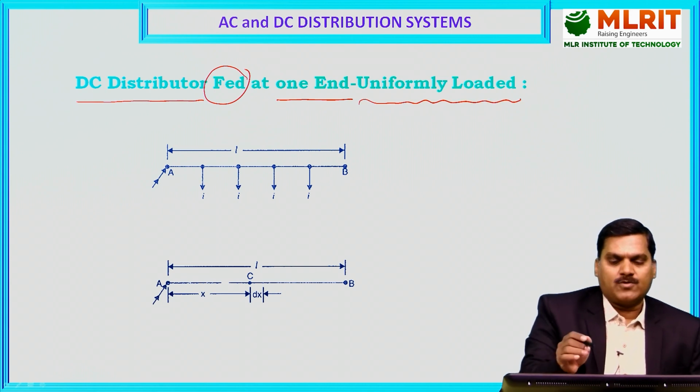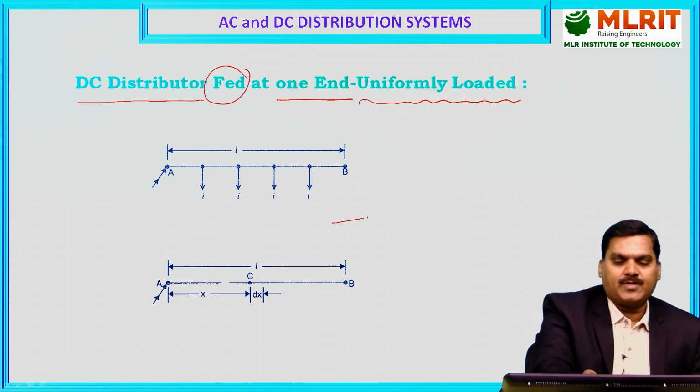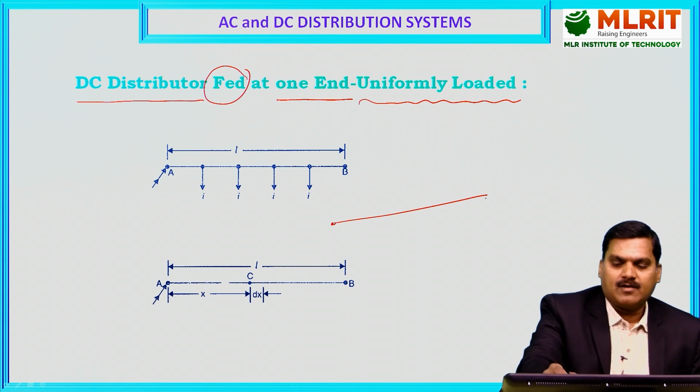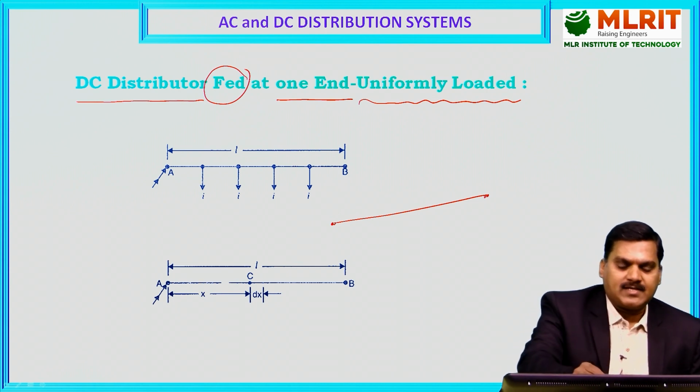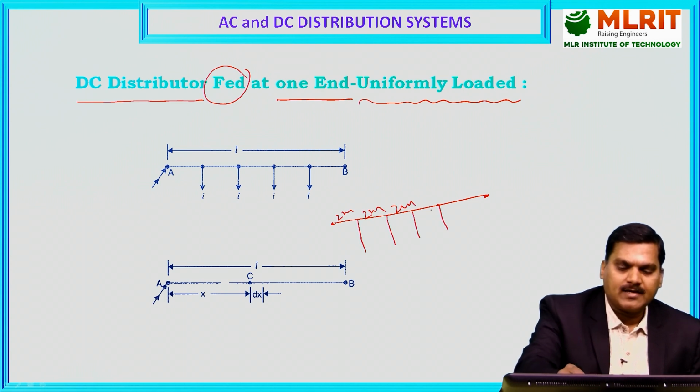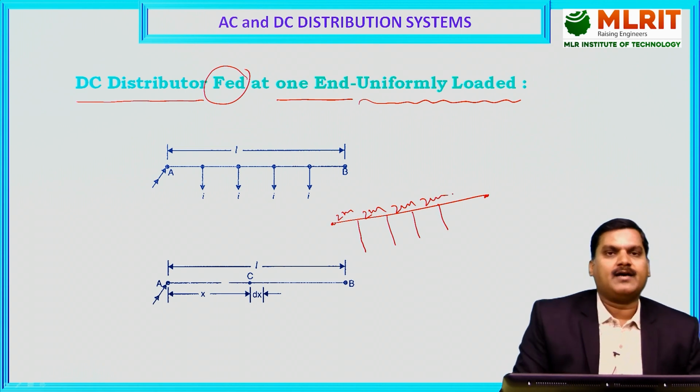Suppose you take a distributor conductor from this point to this point, and loads are taken at every regular interval, let it be 2 meters, and one more 2 meters, and one more 2 meters, not irregular intervals.